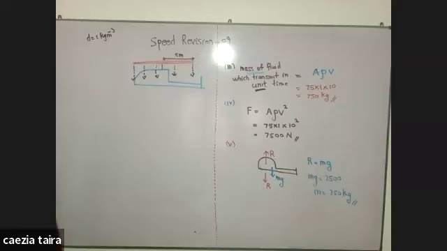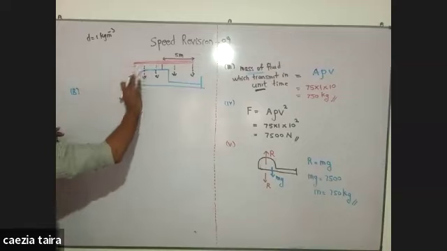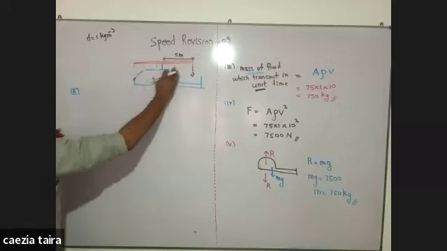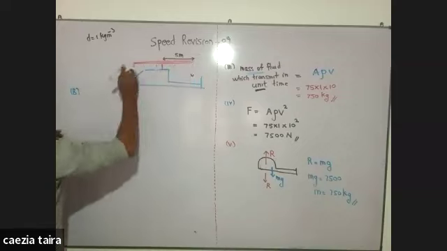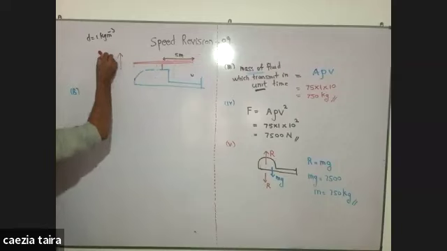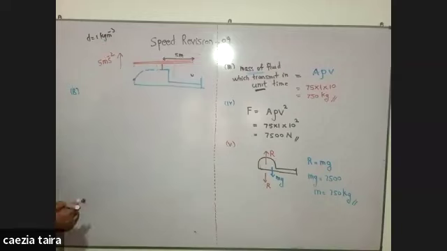Right. So let's move to the B part. If the helicopter accelerates vertically with 5 m/s squared, find the upward force that is exerted on the helicopter, right?